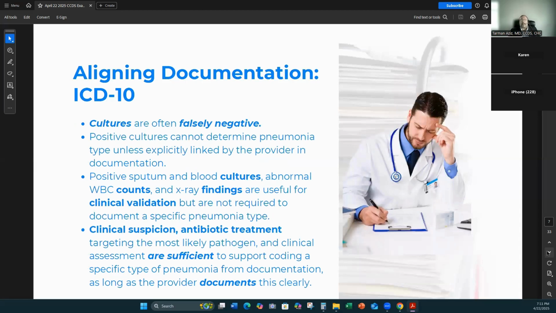The other part of aligning the documentation for ICD-10 expectations is to think about cultures and laboratory data and clinical suspicion. So first of all, when we think about cultures, remember that empiric therapy is quite common, giving large volumes of large doses, 1 to 2 grams of antibiotic right away based on the clinical symptomatology.